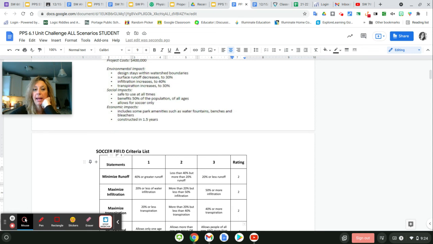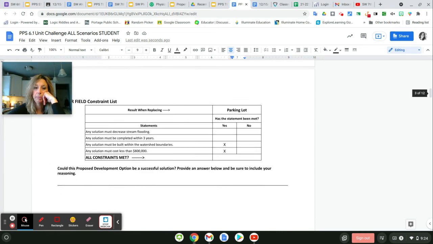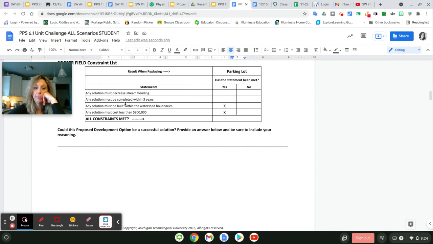And the economic impacts includes some park amenities such as water fountains, benches, and bleachers, and constructed in 1.5 years. Okay, I remember something in the constraints about time. This says 1.5 years. It will be done. And any solution must be completed within 3. So that's a yes.